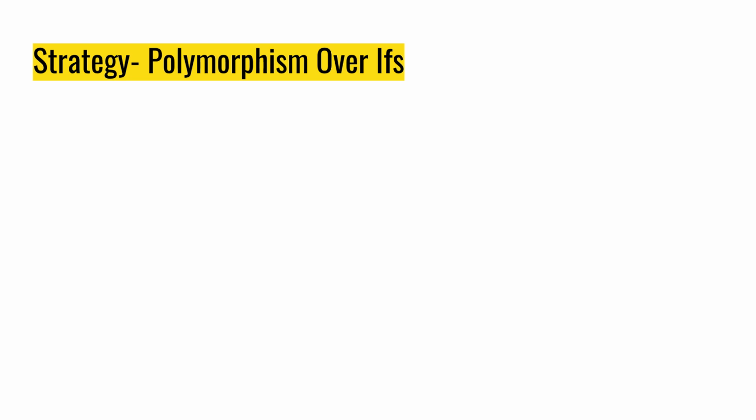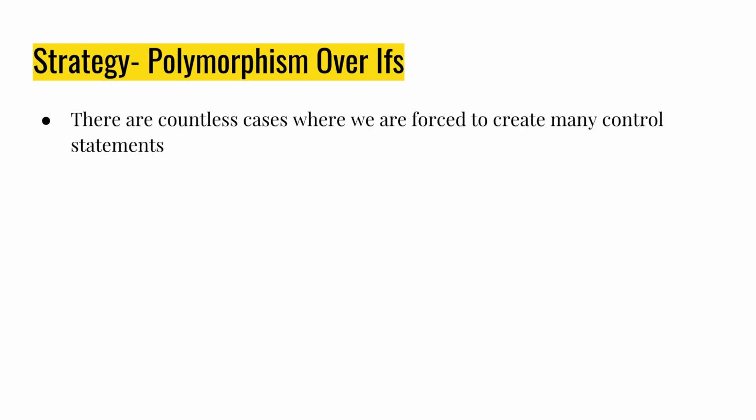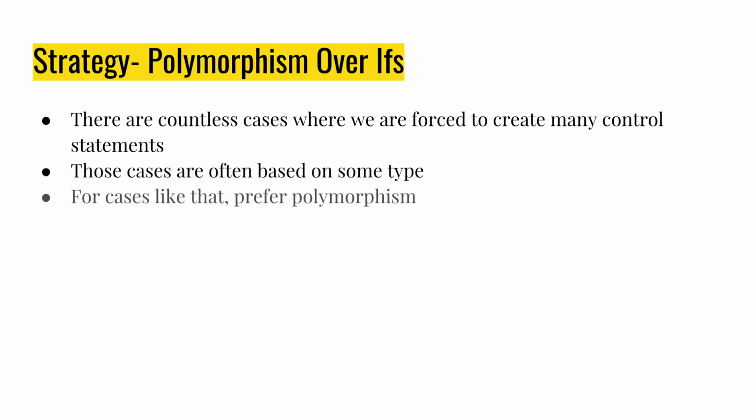So strategy is another pattern which helps to avoid if statements. When we have countless cases where something influences our control flow based on a property or something else, we can prefer polymorphism over if statements.